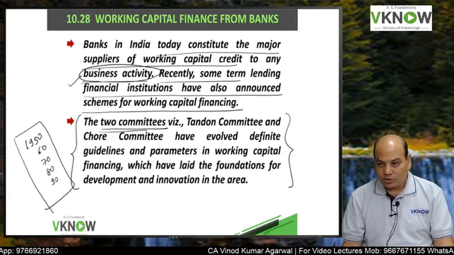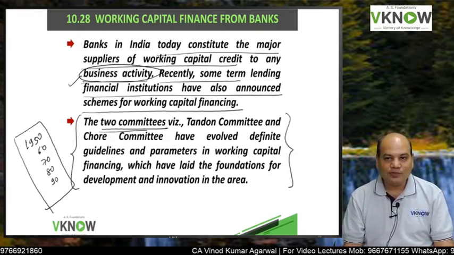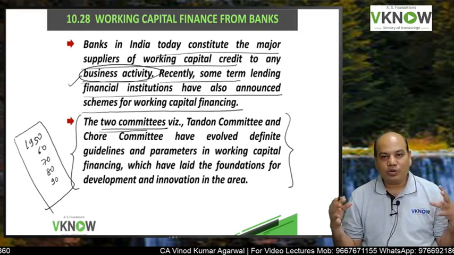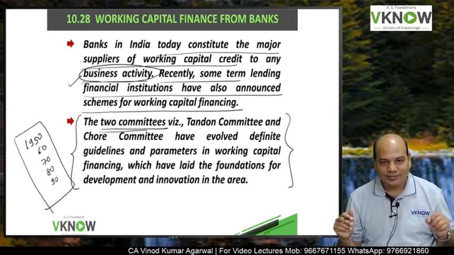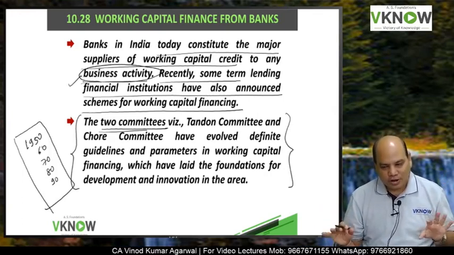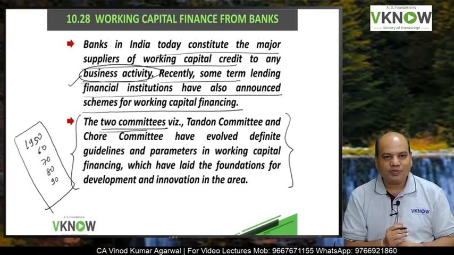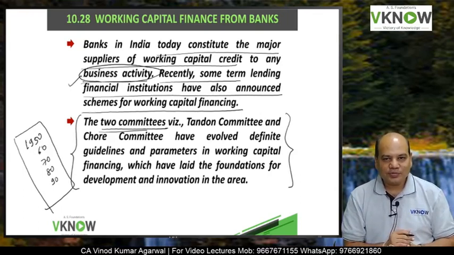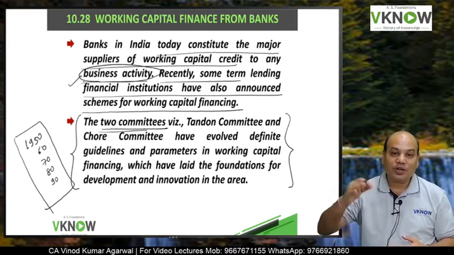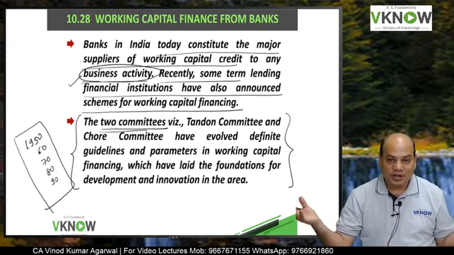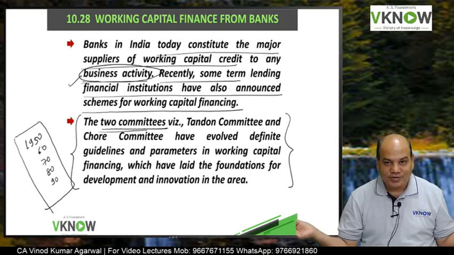So that time there were a lot of guidelines on banks for giving working capital finance, because the idea was that the money should be used for capital expenditure, not for working capital. Working capital the businessman should finance from his own pocket. We will give you funds so that you can create factories, infrastructure, machines, projects, right?